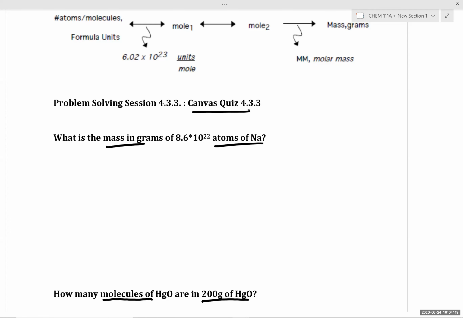Let's try to get a few more responses in Canvas in the chat. If you have any questions, don't be shy to ask them in the chat or unmute and ask your questions verbally. And we'll spend about another 3 to 4 minutes on this problem.